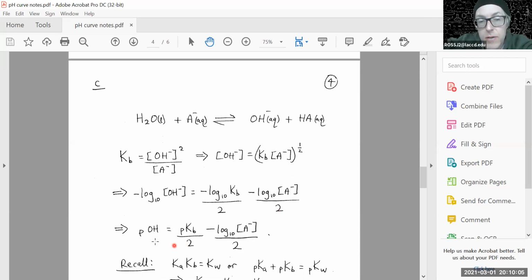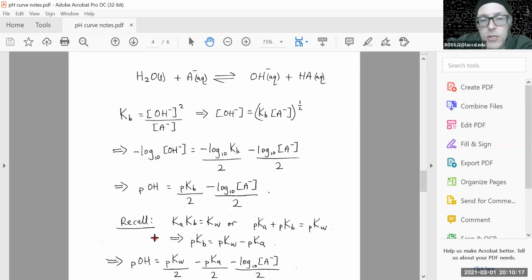So we get an expression for pOH. This is analogous to the expression we had in part A, but now we've got pOH. We want to convert that to pH, so we have to use some relationships we've seen in previous chapters. We know that the product of the acid dissociation and the base dissociation constants is the autoionization constant of water.